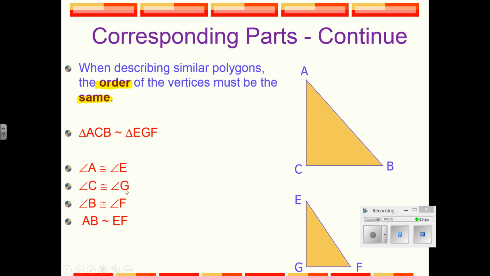Line segment BC is corresponding, but is not the same size as FG. It is just similar. And AC is corresponding with EG, but is not the same size. So I do not want to write congruency marks on those particular sides. You can mark them on the angles, but not on the sides.